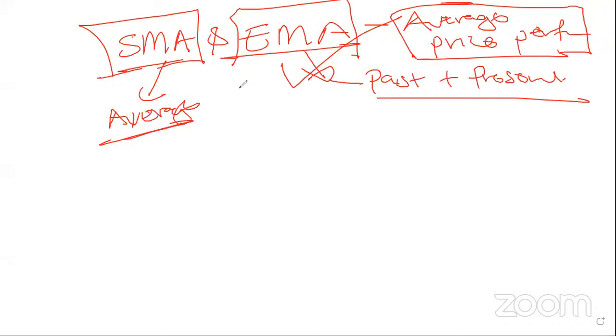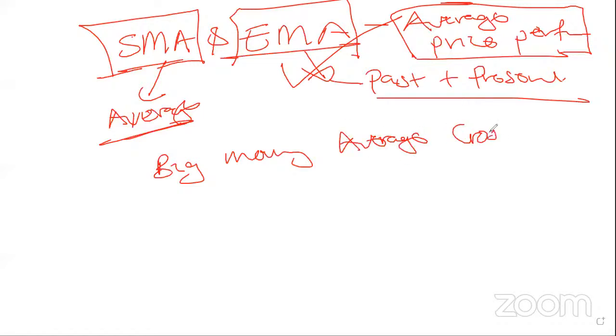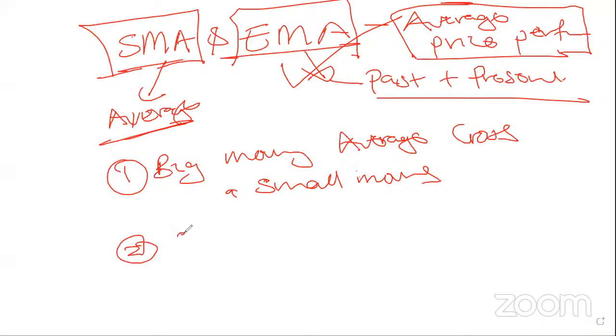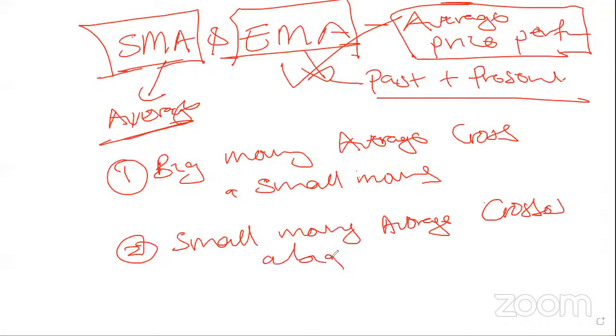But with the exponential moving averages and the simple moving averages, whenever a big moving average crosses a small moving average, that is scenario 1. Scenario 2, a small moving average crosses a big moving average.